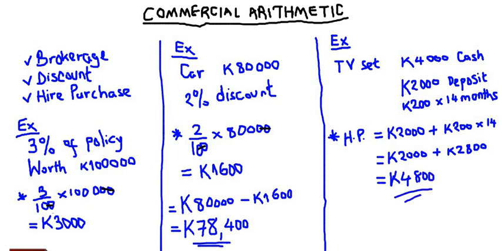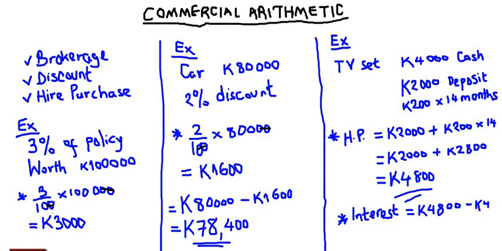So if we compare the cash price and hire purchase price, we'll find that there is an interest that is raised through selling the same item on hire purchase. In this case, an interest of 800 kwacha. So that is normally how we calculate hire purchase.